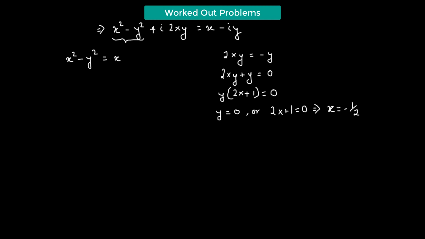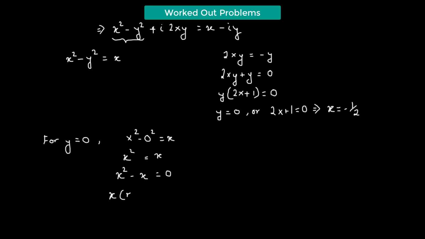So let's use y equals 0. Let us use the first equation. We have x squared minus 0 squared equals x. So that gives us x squared equals x. We have x squared minus x equals 0.